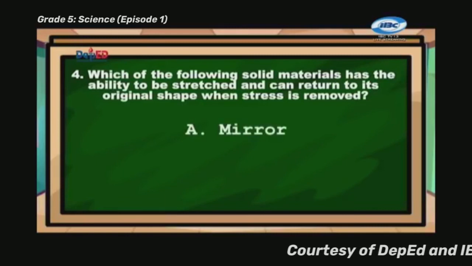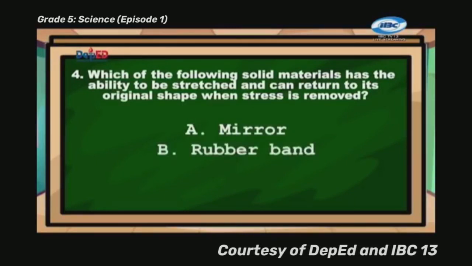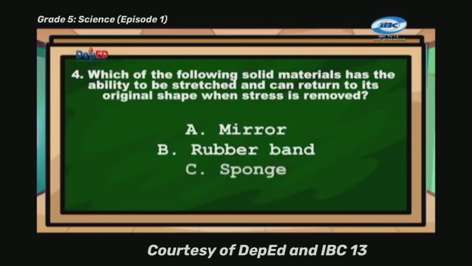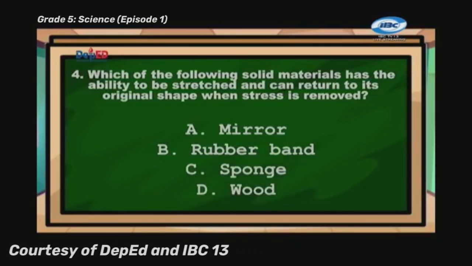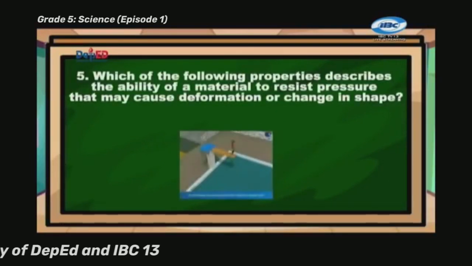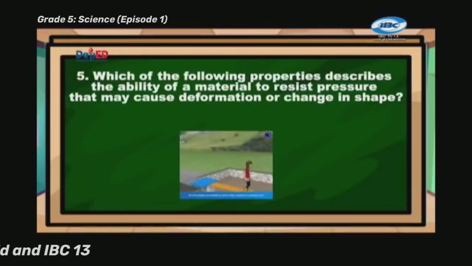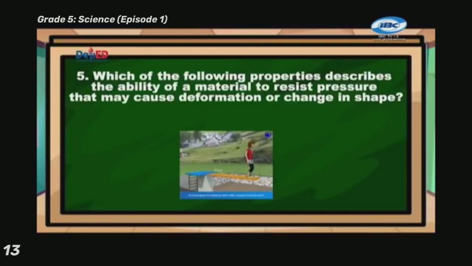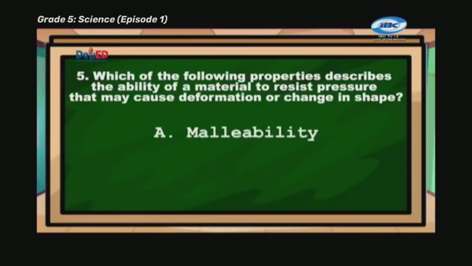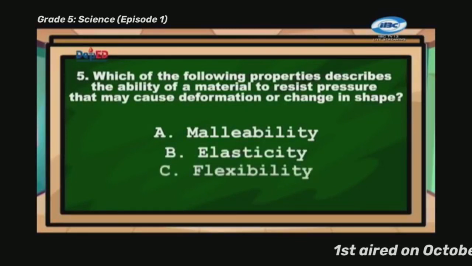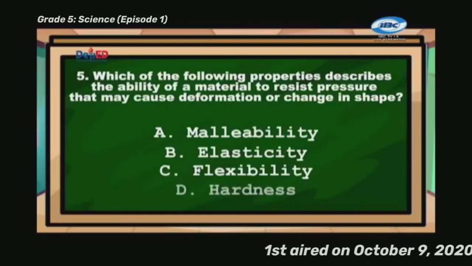A. Mirror. B. Rubber band. C. Sponge. D. Wood. Number 5. Which of the following properties describes the ability of a material to resist pressure that may cause deformation or change in shape? A. Malleability. B. Elasticity. C. Flexibility. D. Hardness.